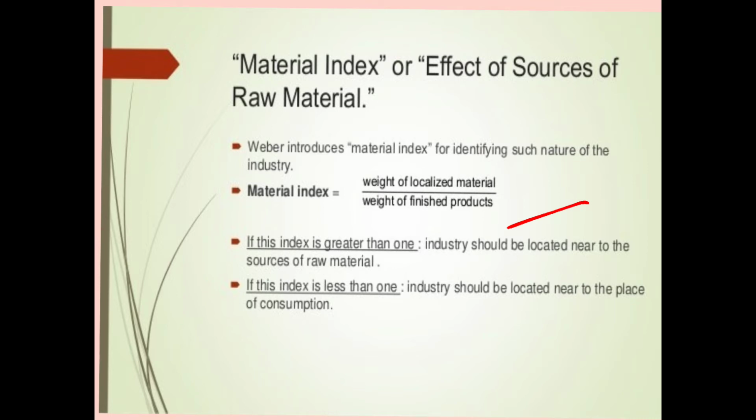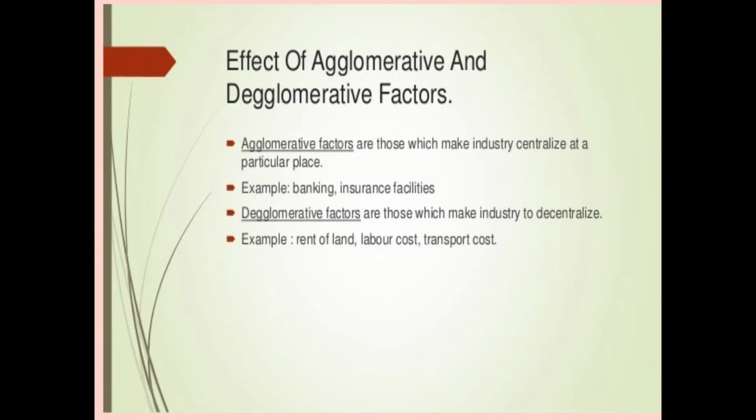If this index is greater than 1, the industry would be located near the source of raw material. If the index is less than 1, then the industry will be located near the place of consumption.